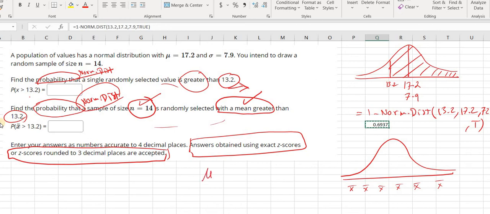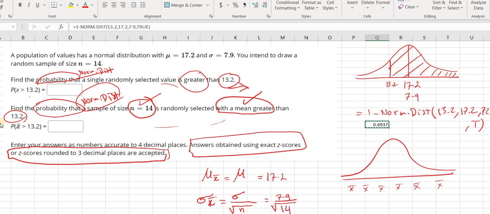We know that the mean of the distribution of sample means is equal to the population mean, and we know that the standard deviation of the distribution of sample means is equal to the standard deviation of the population divided by the square root of the sample size. So the mean in this case will be equal to 17.2, and the standard deviation will be 7.9 divided by the square root of 14.